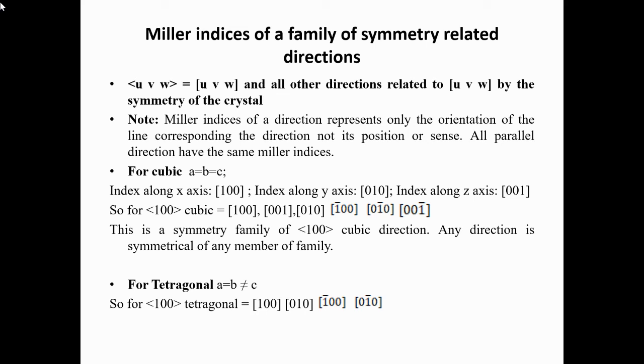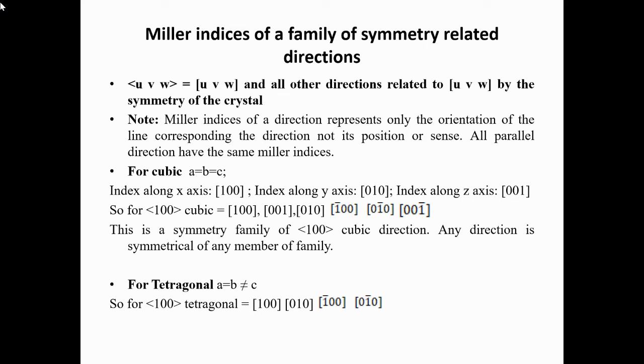Suppose one of the members is 100, the 100 direction or index, that means all the 6 directions. Suppose in cubic you are given the 010 index, that means all the 6 directions. Why all the 6 directions?